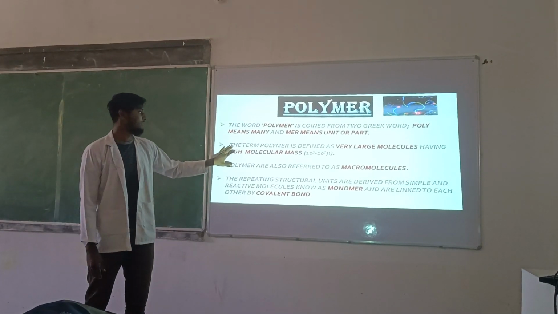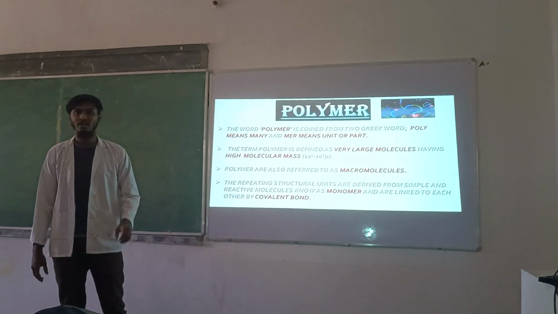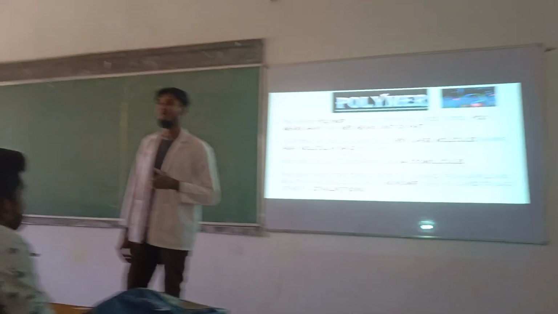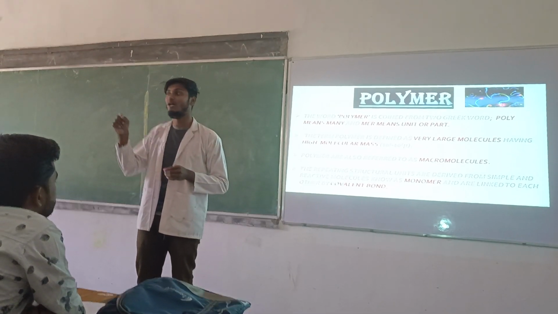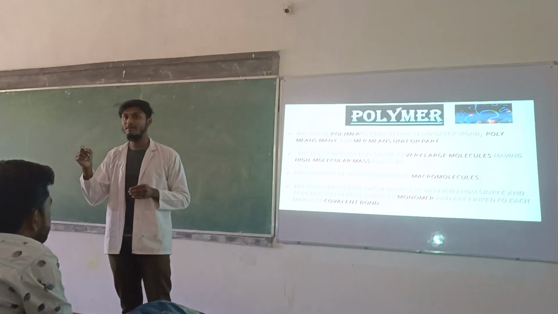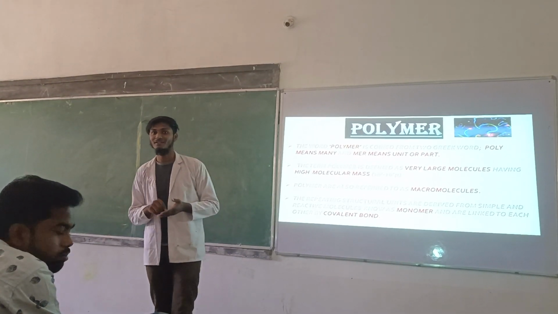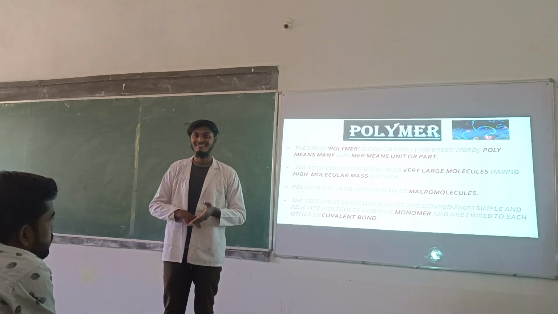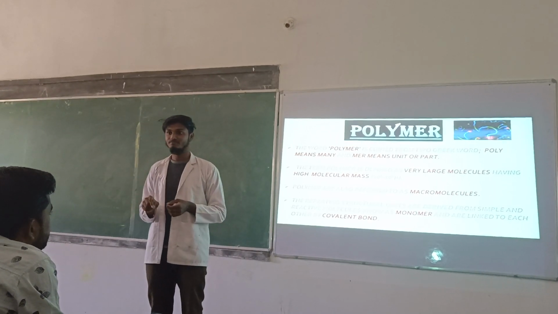The term polymer is defined as very large molecules having a high molecular mass. I want to tell you that all polymers are macromolecules, but not all macromolecules are polymers.